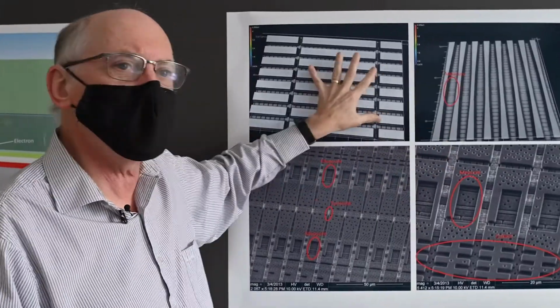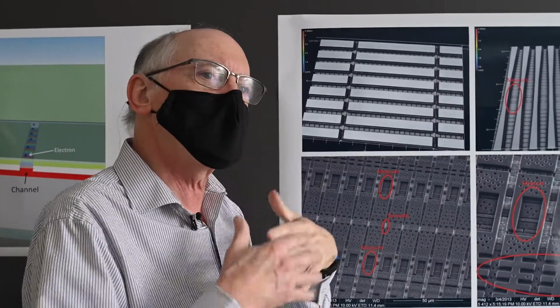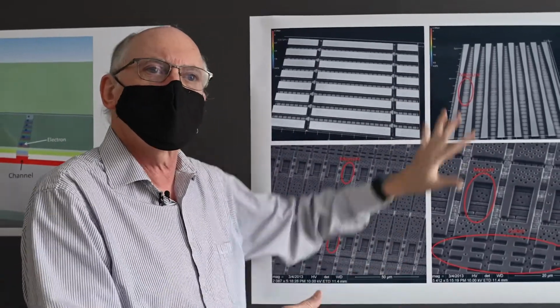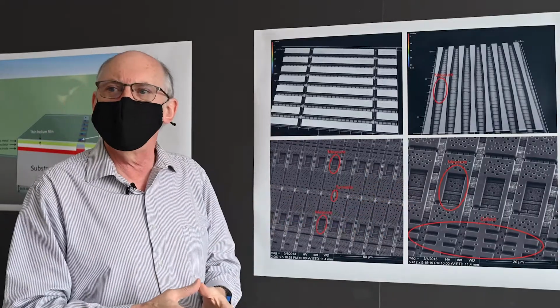Now, as I said, these particular chips were made at a semiconductor foundry, but there's a bunch of work that has to be done after you get those to turn them into devices that we can use. And for that, we use the clean room here on campus.